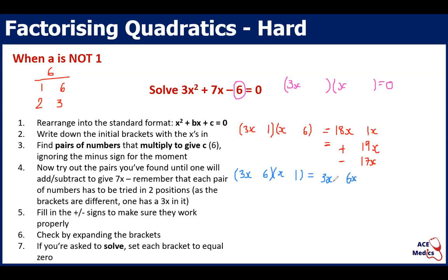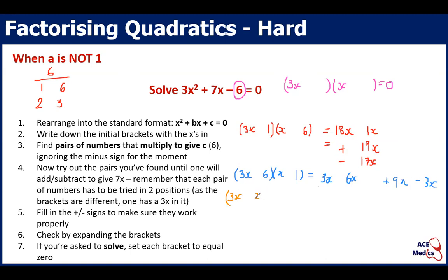If we were to add those, we'd get 9x, and if we were to subtract them, we'd get 3x. You kind of seeing where I'm going with this? Hopefully you are. So there are 2 options for 6 and 1. We then need to think about 2 and 3.